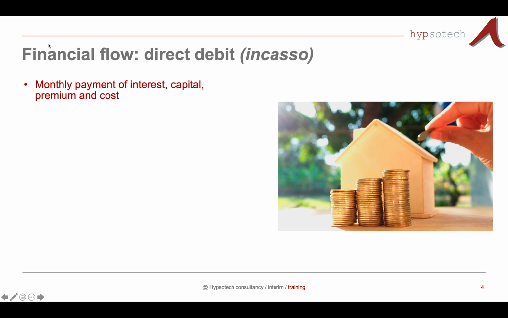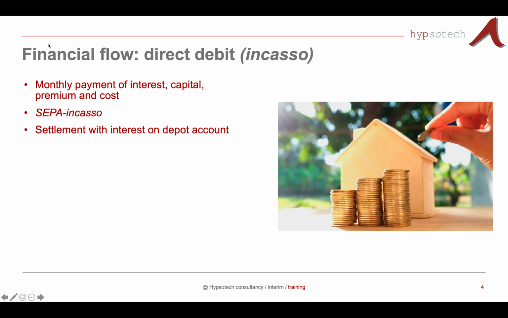The really major tool to do the monthly installments is the direct debit, and that is what we call a SEPA incasso. We have SEPA, which is a European system of direct debits, and that's used by all the European banks, of course, for EU countries.